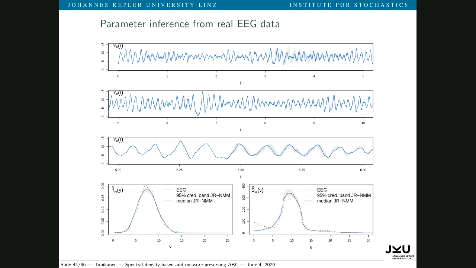We see that the bands are tight, so it means that indeed all the kept samples lead to paths of the same behavior. And moreover, in the third panel, you see a zoom of 1 second. And here you see that we were able to reconstruct the oscillatory frequency behavior of the EEG data, which is around 10 Hertz.